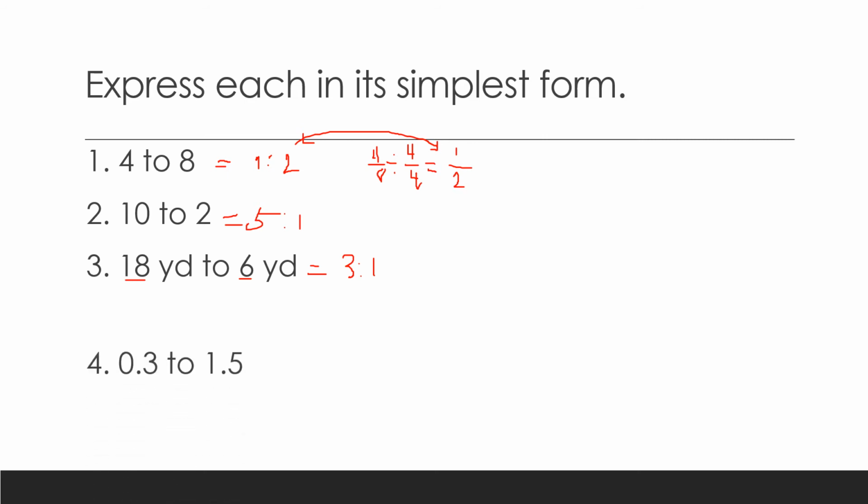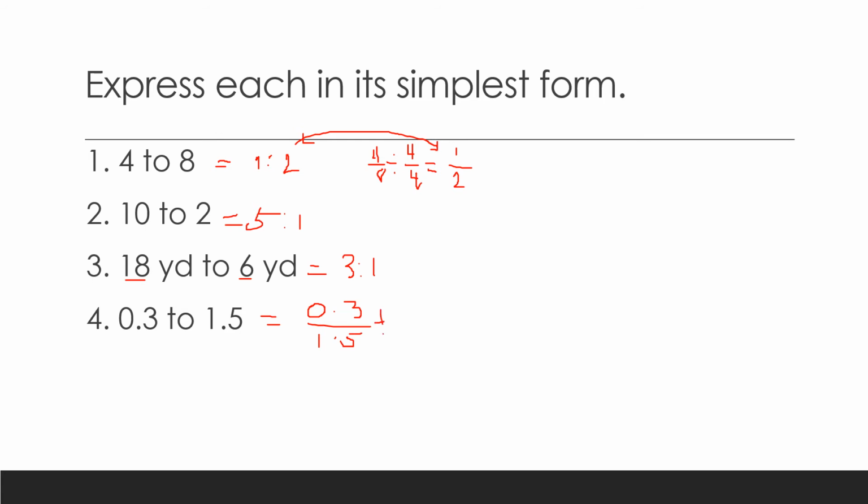Right? Easy, no? Then we have 0.3 to 1.5. If we are going to write that as a fraction, that is 0.3 is to 1.5. Then we divide both by 0.3.